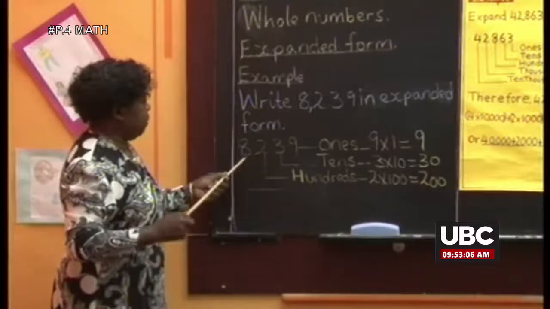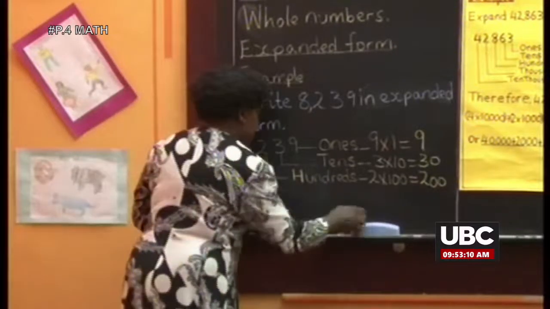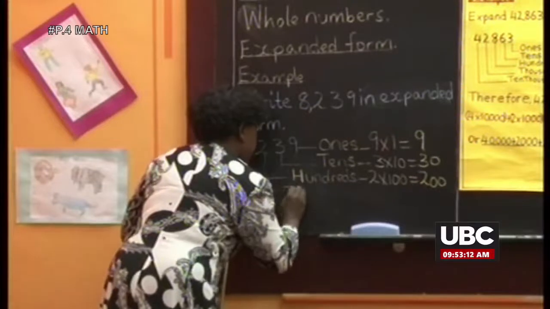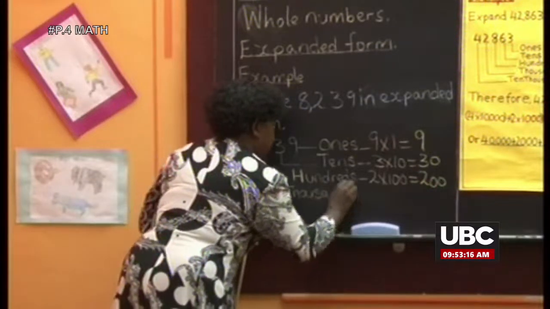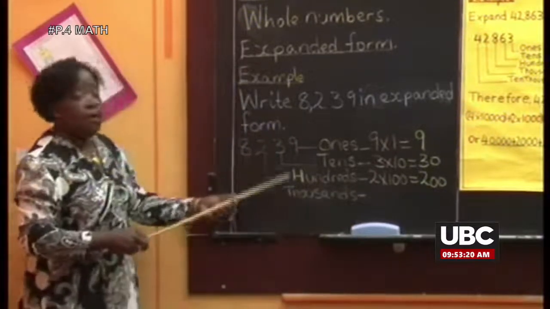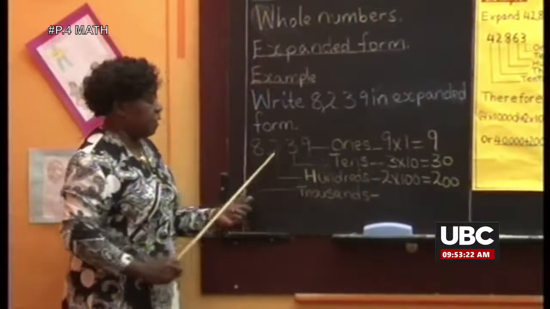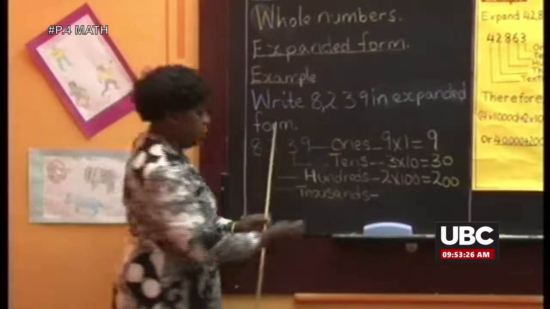And the place value of 8 in the same number is thousands. And since it is under thousands, for us to get the value of this number, we shall multiply 8 by 1,000.